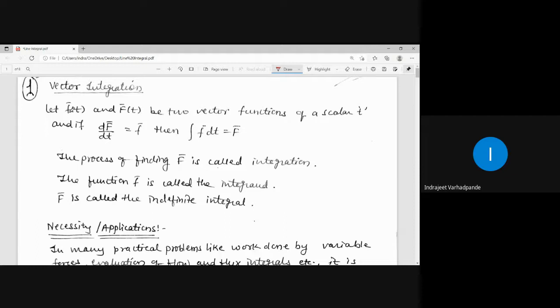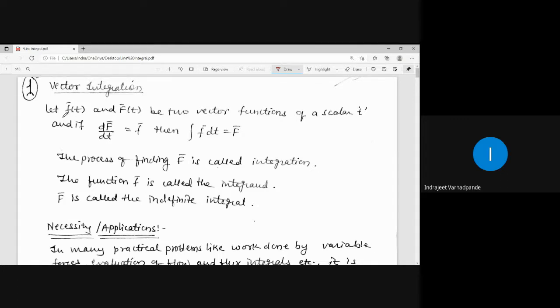So integration is nothing but the reverse process of differentiation. In this case, when defining integration, I will be discussing the function or the integrand as a vector function. A vector function has magnitude as well as direction, or in simple language, the term involving i, j and k is referred to as a vector point function.